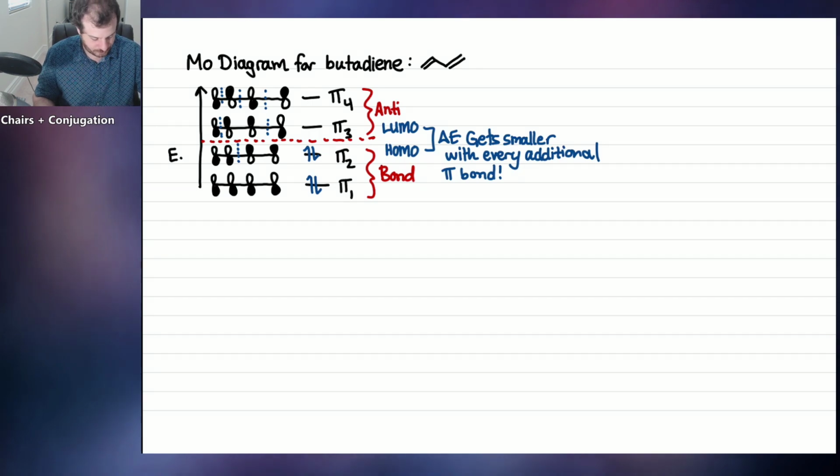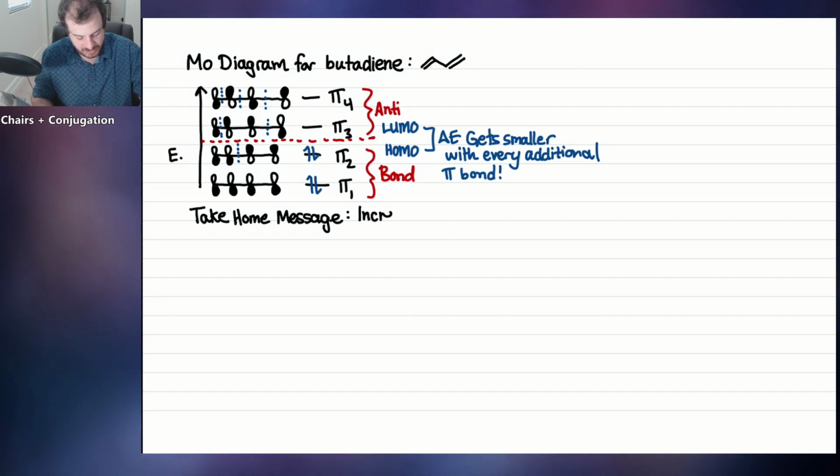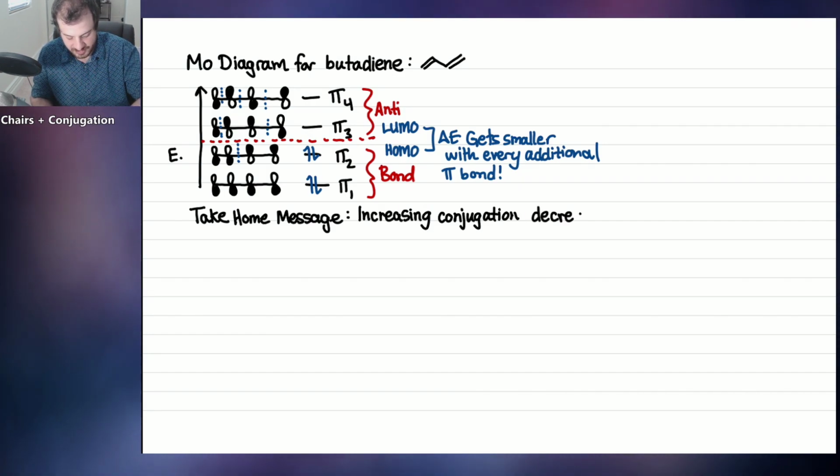So take-home message, let's just summarize here. Increasing conjugation, that means more pi bonds, one after another, decreases the delta E, which is the HOMO-LUMO gap.